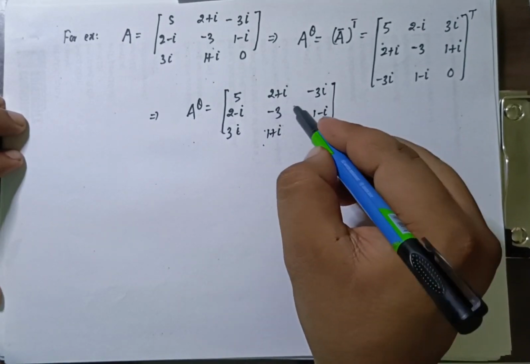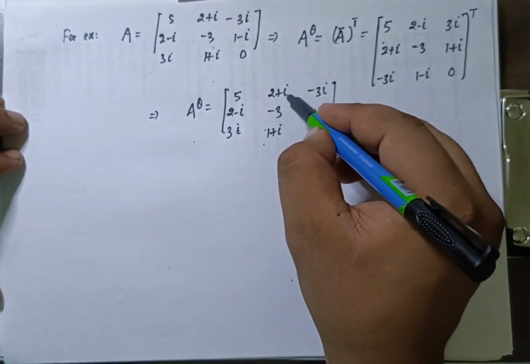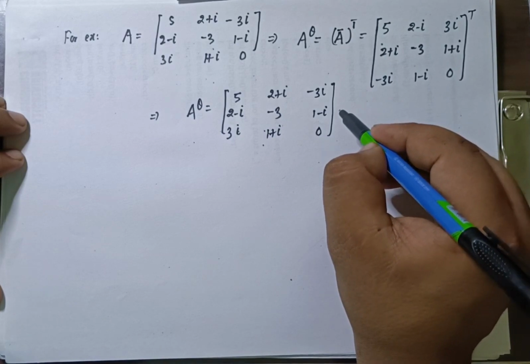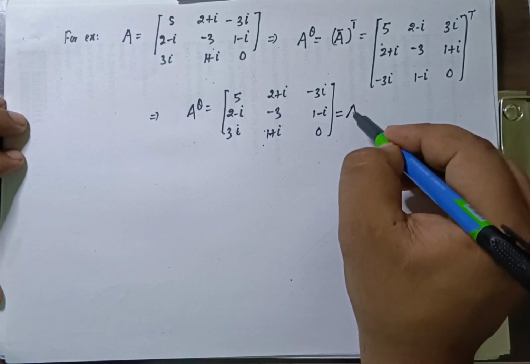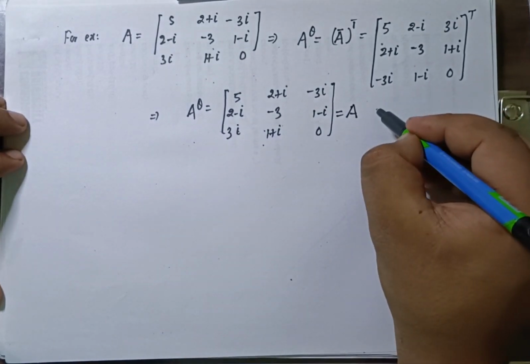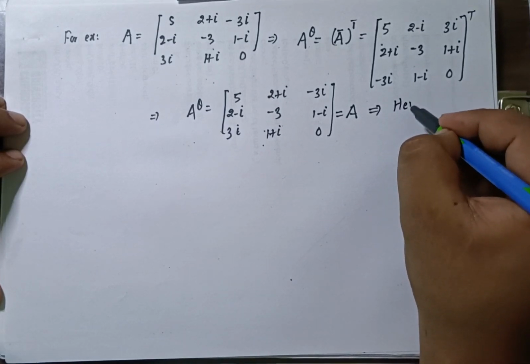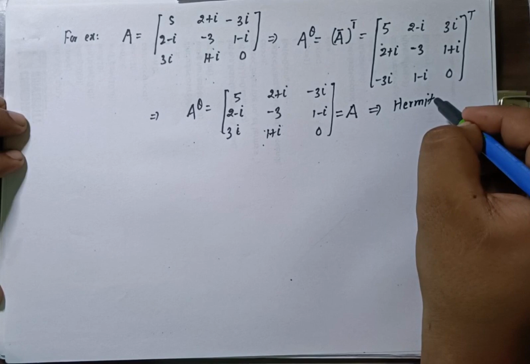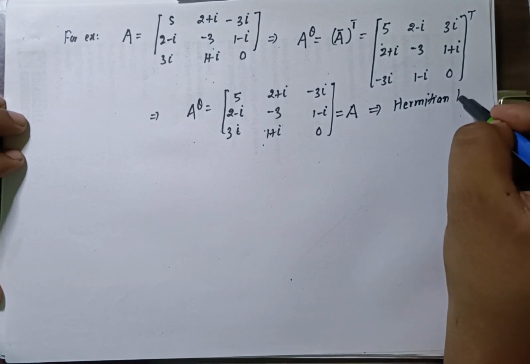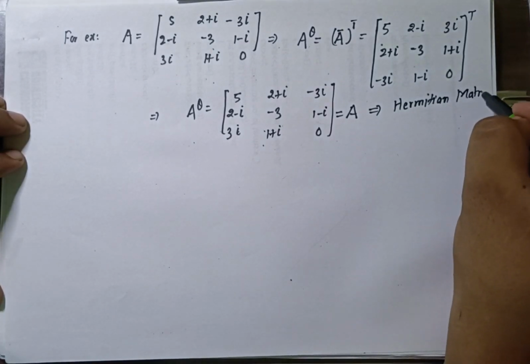Now verify it, check it. 5, 2 plus iota, this is equal to capital A. So it is a Hermitian matrix. This implies that the given matrix is a Hermitian matrix.